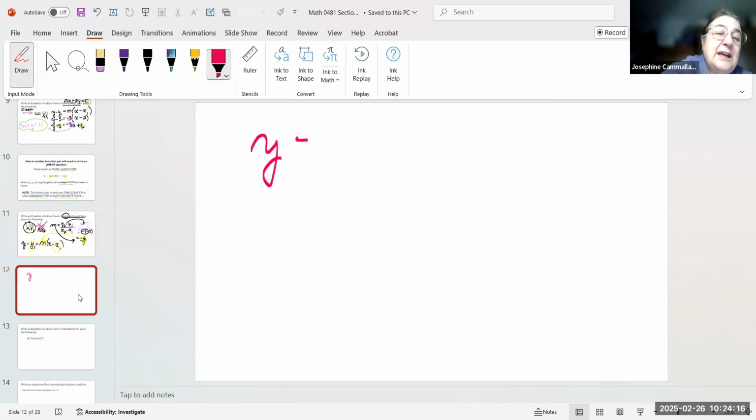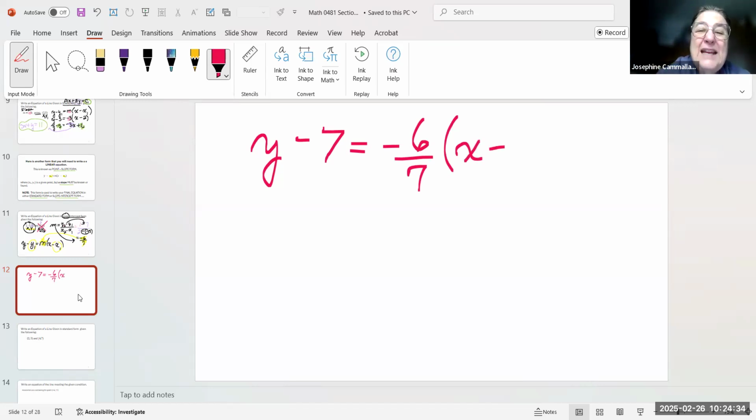Y minus, well, if I look at my point, it's 7 equals negative 6/7 x minus, and don't forget, it's a minus 5. Okay.